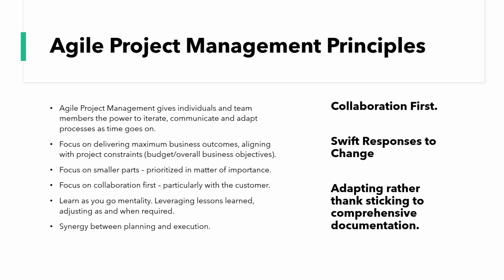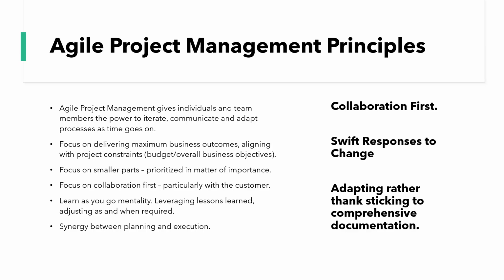There's a big focus on collaboration, and this should come first in an agile setting. There's a focus on delivering the maximum business outcome, aligning with project constraints, whether that be the budget or overall business objectives. But business outcomes can be realized as the project progresses. It's not something that just occurs at the end. So these can be changed over time.